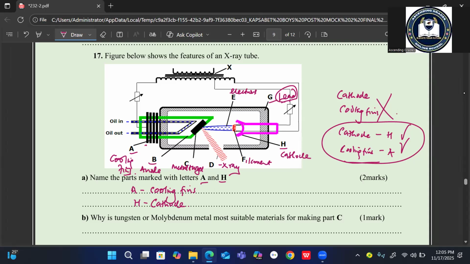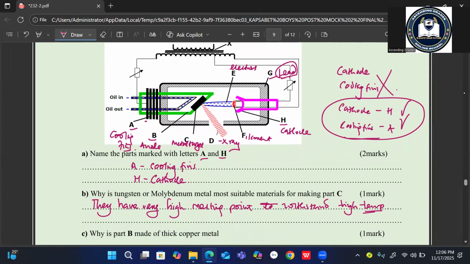They have very high melting points, and the purpose is to withstand high temperature. Remember, there is the surface which is being hit by the high precision moving electrons.